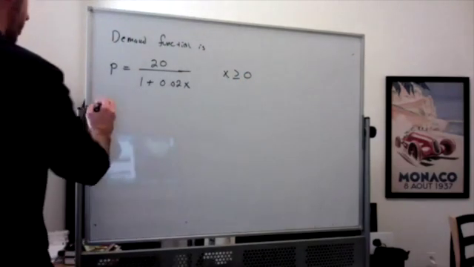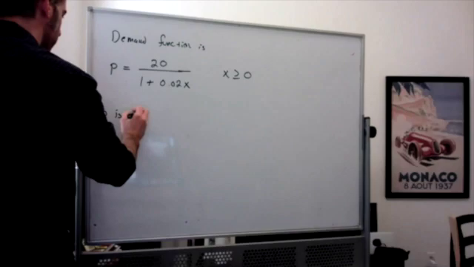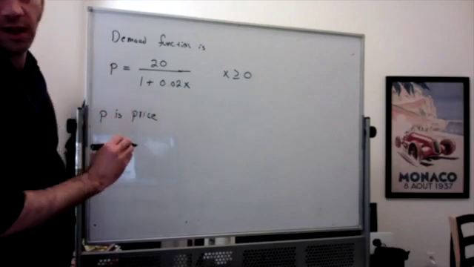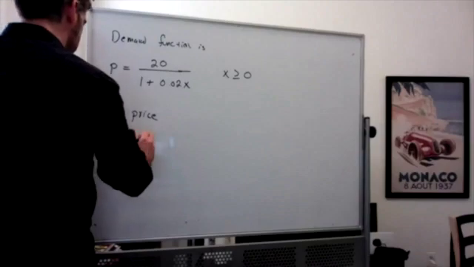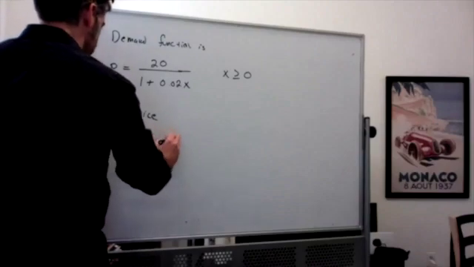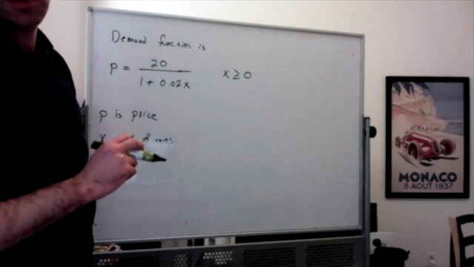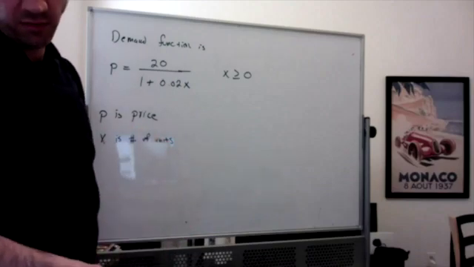Where P is the price, and x is the number of units. And then it asks a couple questions. So the first question is to find x as a function of P.